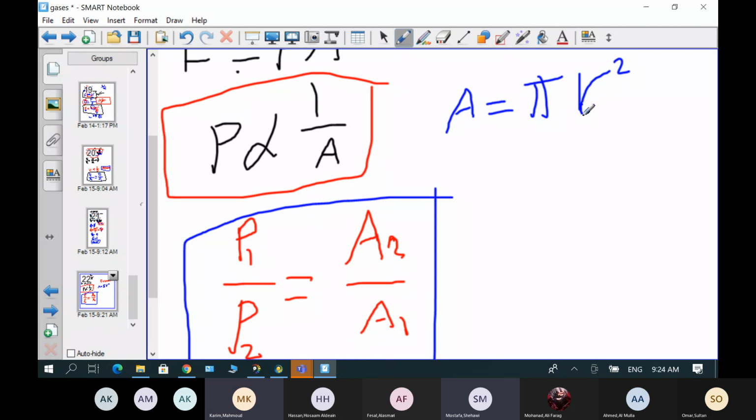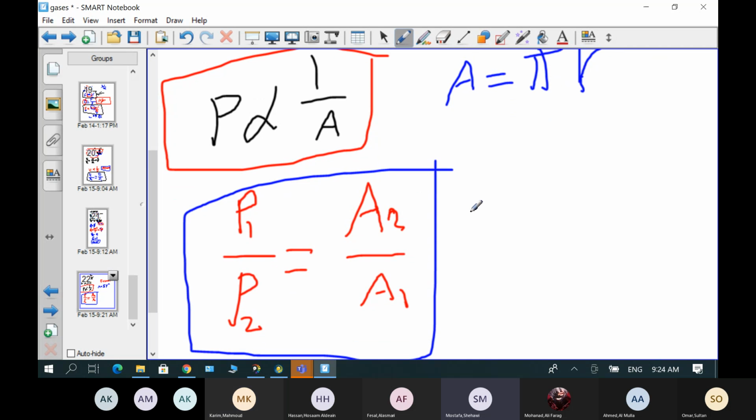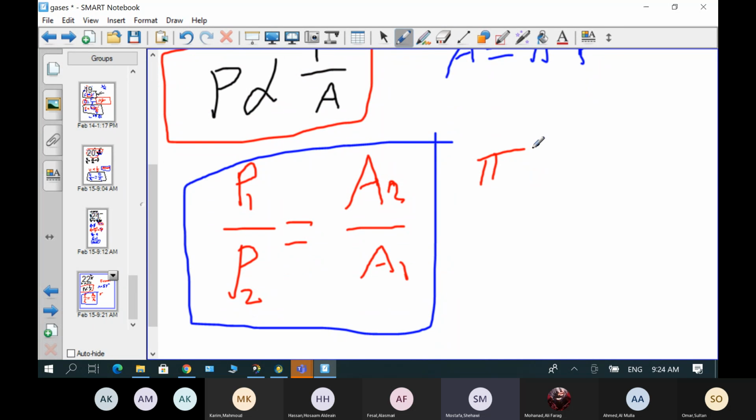So we can replace A2 with this: pi R2 squared, divided by pi R1 squared. This one comes from here, and this one comes from here.